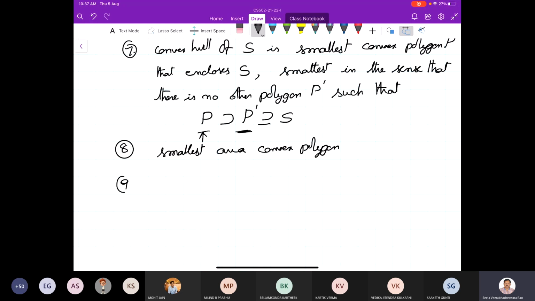Another definition is the smallest perimeter convex polygon which encloses these points. These three definitions look intuitive, but it's difficult to prove them. The proof is a little involved. So these are the various definitions of the convex polygon.